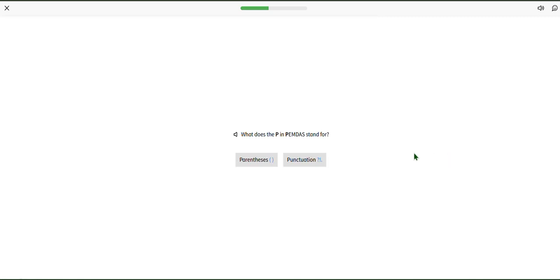What does the P in PEMDAS stand for? Parentheses. What does the E in PEMDAS stand for? Exponents, and that's the symbol for an exponent, or the operator. It's that little 2 that's above it, but that can be represented with any number above the number. What does the M stand for?